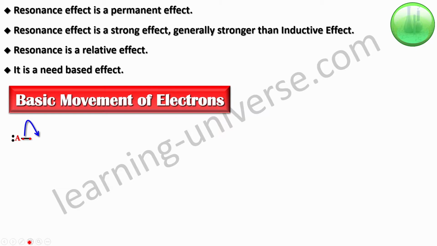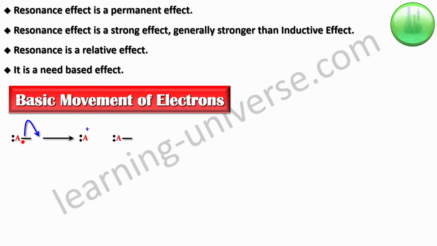I'm not right now showing you where they are moving to, but it will suffice to know that the electrons have moved from this spot. So what would be the fate of A now? The fate of A would be that no longer there will be a bond and A would have lost one of its electrons of the bond and therefore A would become positively charged. So this is the result.